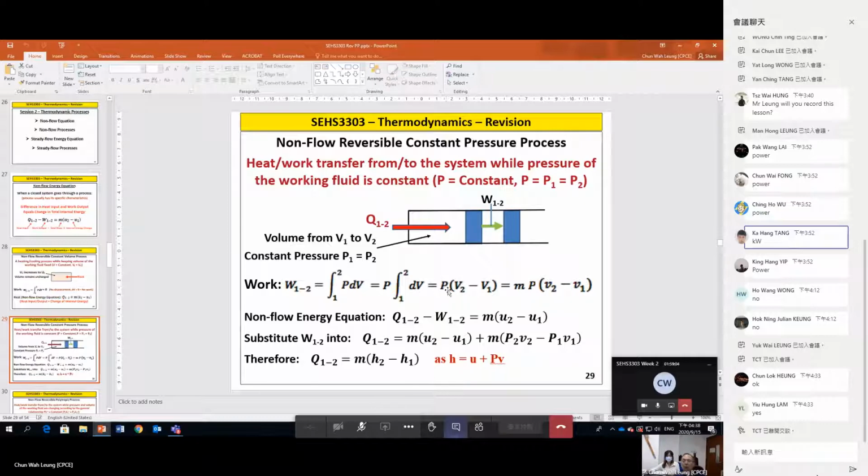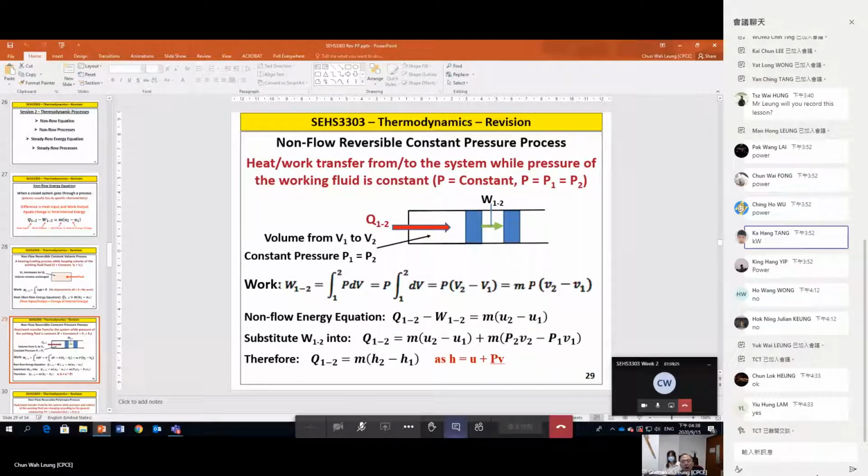We can also rewrite the total volume, big V, into mass times specific volume, small v. So M times small v2 equals big V2, and M times small v1 equals big V1.